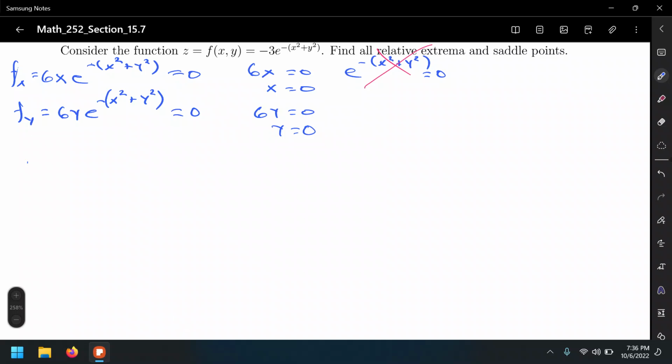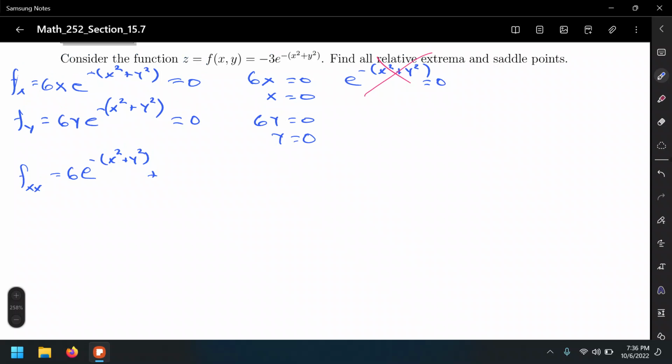So using the product rule, that's the derivative of 6x, which is 6, times the exponential, plus the derivative of the exponential, which is itself, e to the negative (x squared plus y squared), and using chain rule, the derivative of negative x squared is negative 2x, but times the 6x.